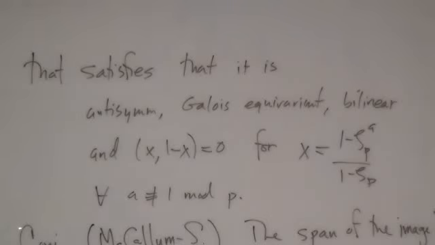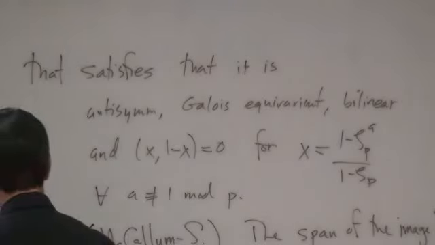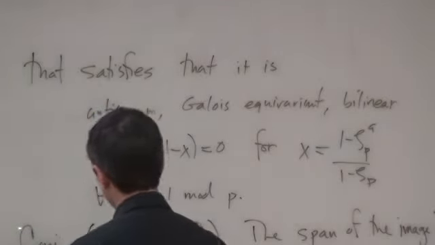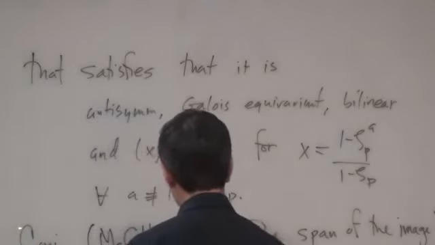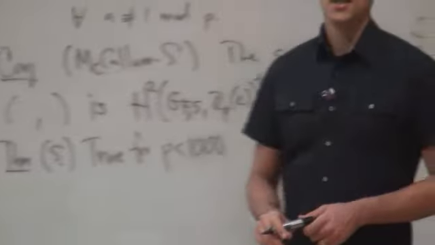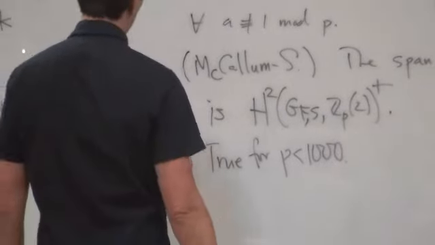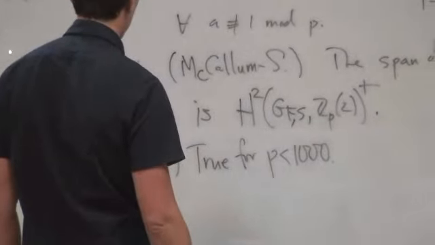Okay, so then later on I proved the following theorem, that this is true for p less than 1,000. And this used a bit of Galois actions on the cohomology of modular curves. This appeared maybe 2007 or something.